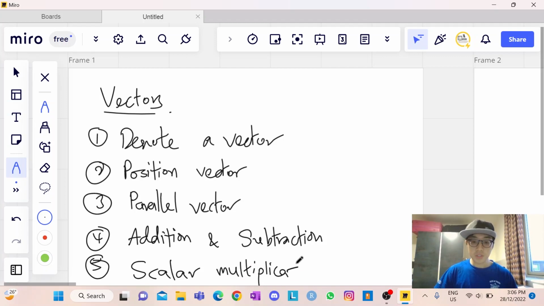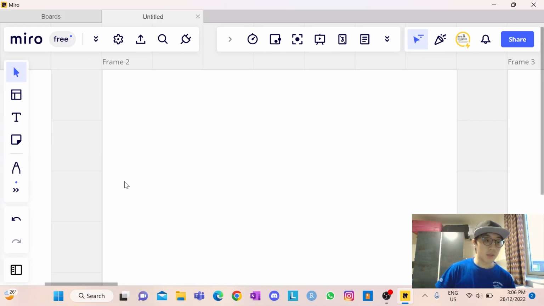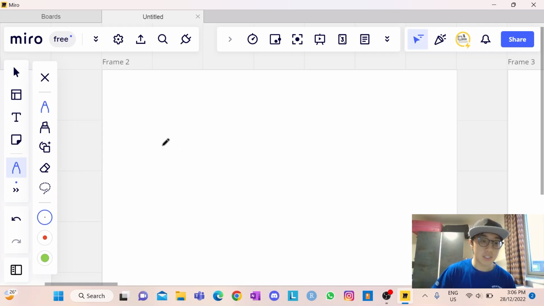Alright, so vectors, you can imagine yourself in real life. This is just a simple example. Let's say you have a destination.